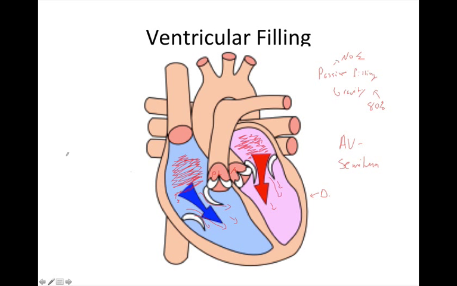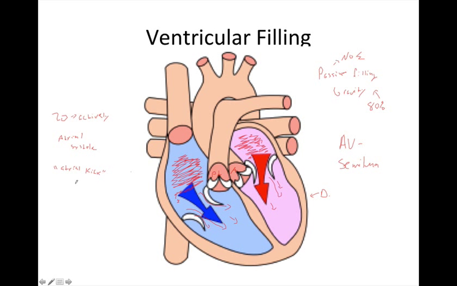Now, the remaining 20% of the blood, this fills the ventricles actively. Okay, and obviously this is atrial systole. Now, this is a very, very important phase because this is something that's nicknamed atrial kick.